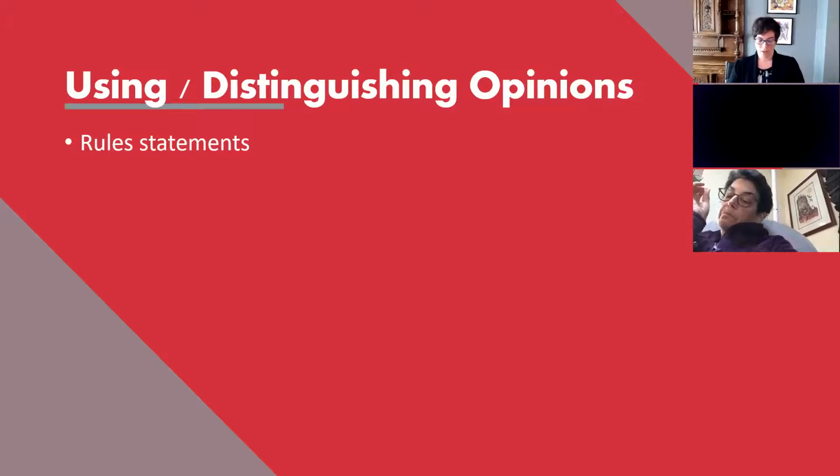For example, just even the basic summary judgment standard. Summary judgment is appropriate when there is no genuine issue as to any material fact, and the moving party is entitled to judgment as a matter of law. That's a basic statement. But you can also state it as summary judgment is appropriate only when there is no genuine issue of material fact, and the moving party is entitled to judgment as a matter of law. Just one little change.